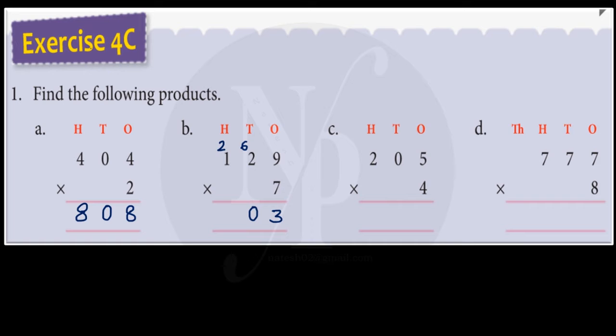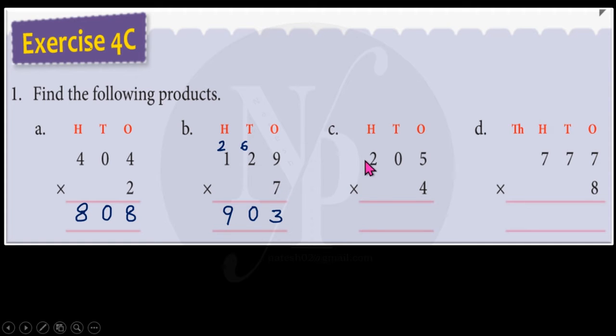Now we multiply the digit at hundreds column by 7, that is 1 by 7. So 7 ones are 7. So 7 plus 2 is 9. So we write 9 in hundreds column here. Therefore, 903 is the product of 129 and 7.